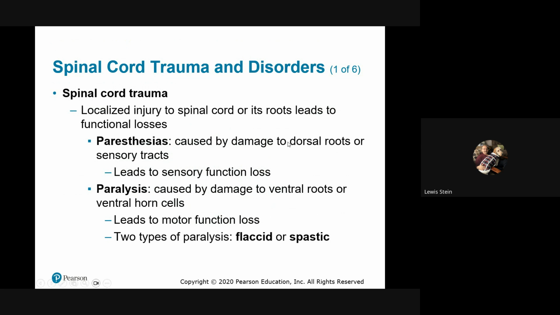So, caused by damage to the dorsal roots of the sensory tracts, sensory function loss. Paralysis. Now we're talking motor. Paresthesias are sensory, and it could be complete. Paralysis, okay, motor function loss, and there's two types. Flaccid, the signal is not getting through, versus spastic, the signals getting through are all excitatory.